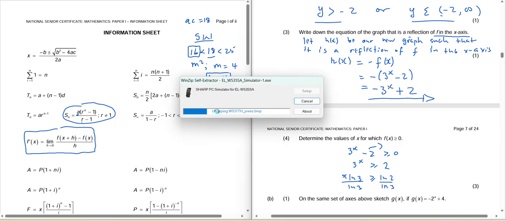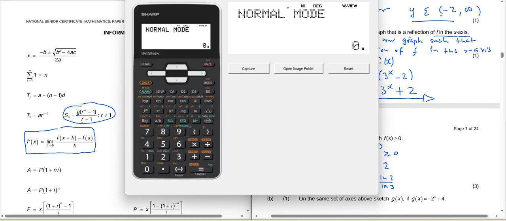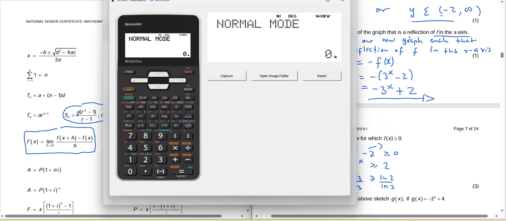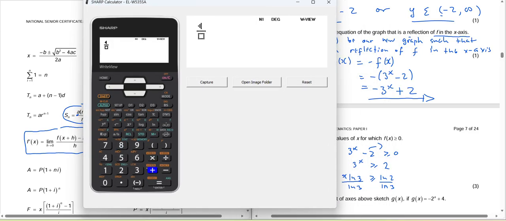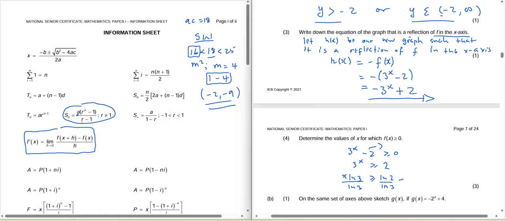So let's go to the problem. We are going to say ln 2 divided by ln 3, which is 0.63.